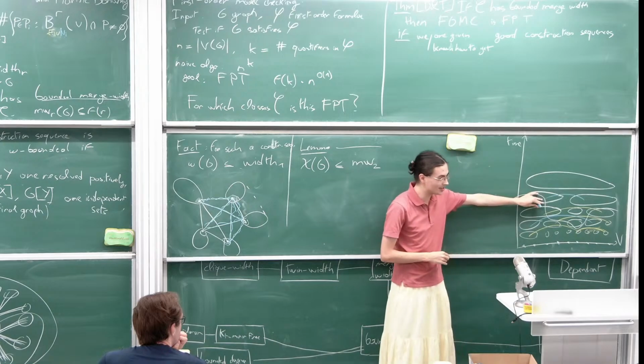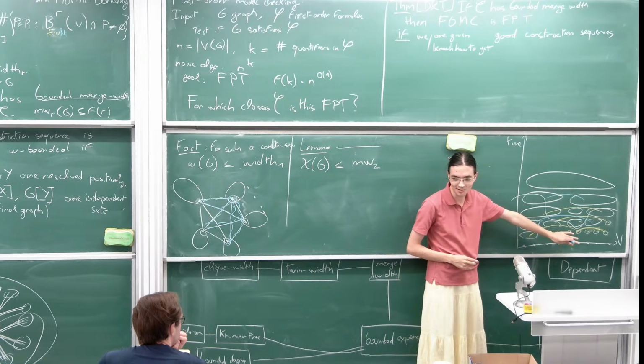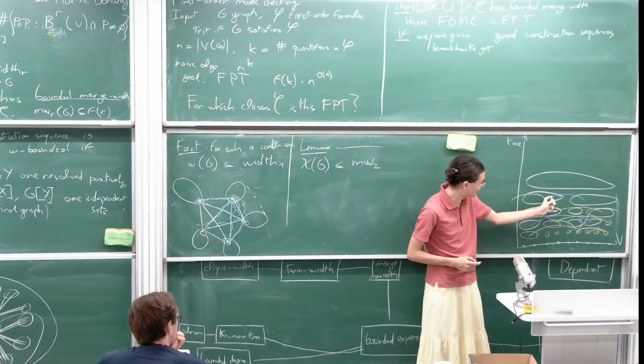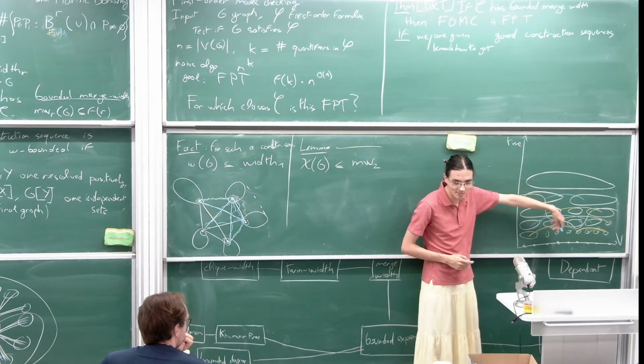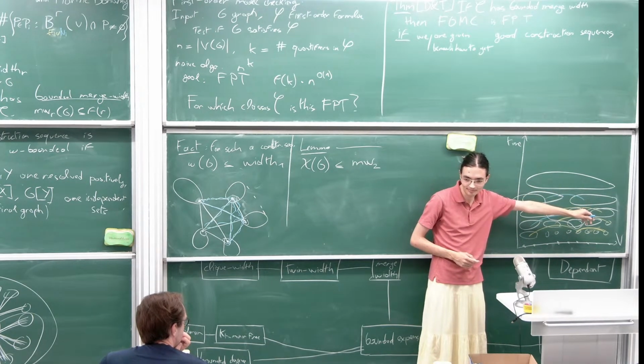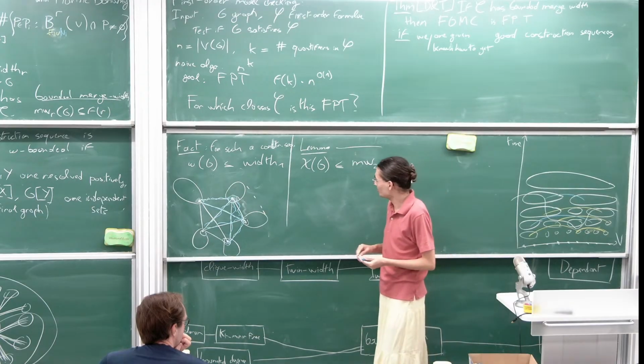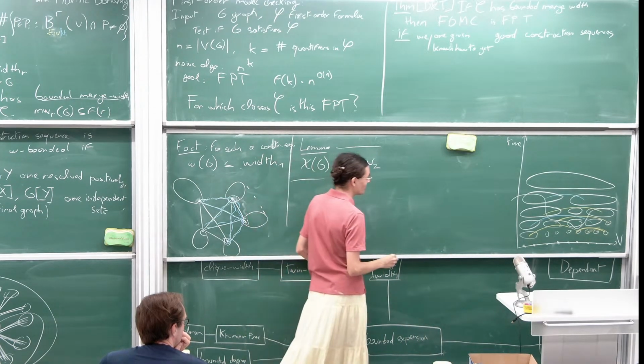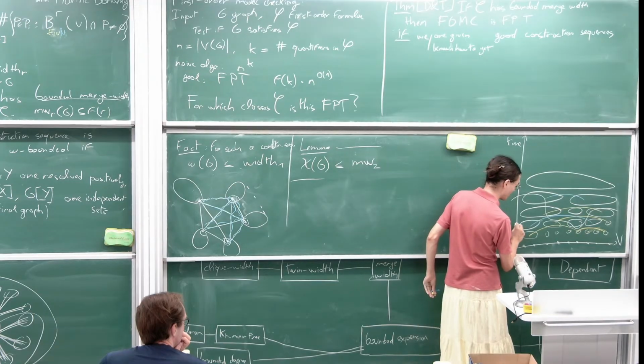Pick an antichain. This is a tree. Oh, it is just a weird way to draw a tree where this is a node and these are its children. And you need to pick an antichain in this tree. So, in other words, I'm going to pick a bunch of parts.